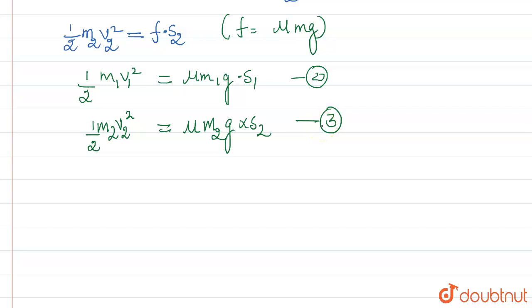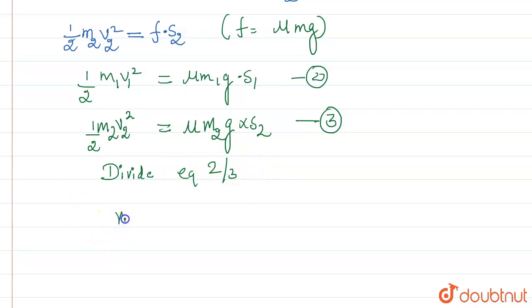Now we have two equations, so we can easily derive the relationship between them. Divide equation number 2 by equation number 3.